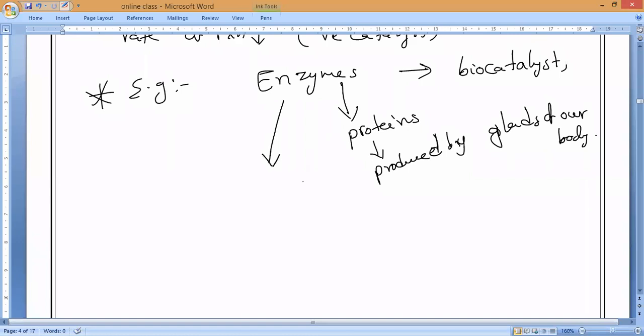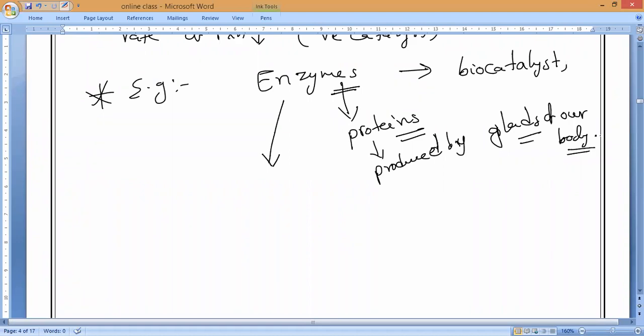All of that is done by these catalysts only. That is what we call biocatalysts, called enzymes, which are proteins produced by different glands of our body.